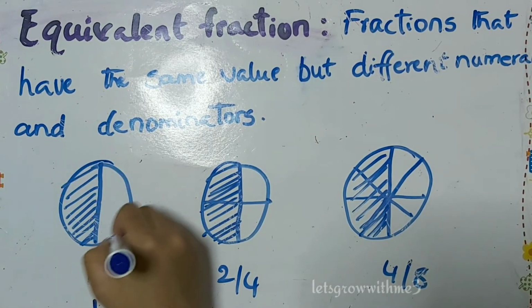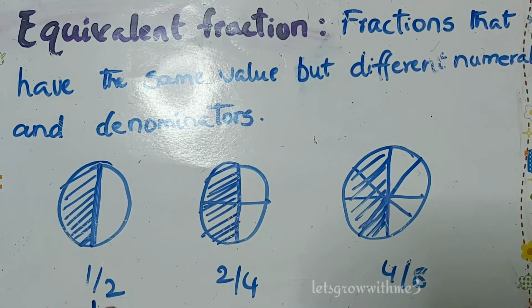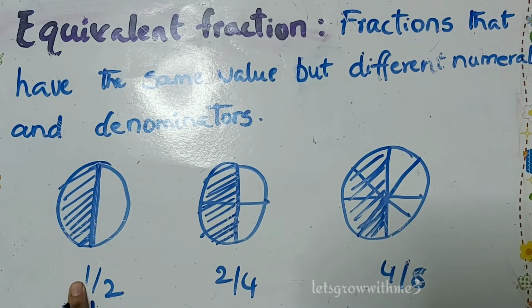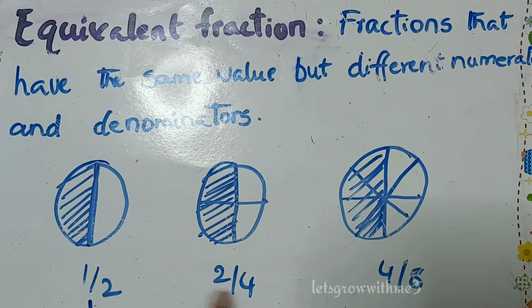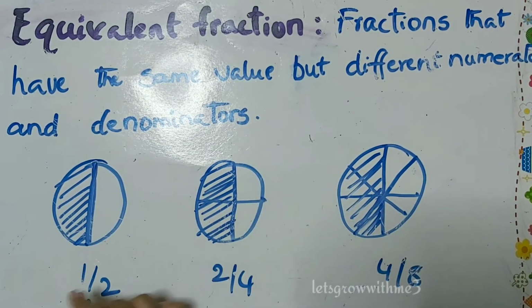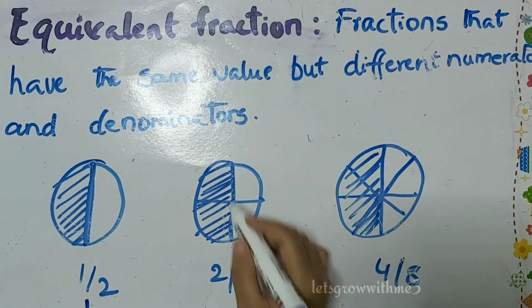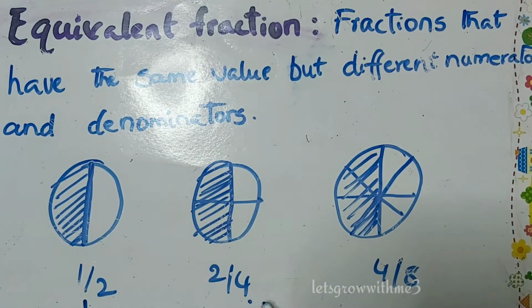See here, we have two parts and one part is shaded, so we will represent that as a half, 1 over 2. The part of the whole is 1, the shaded part is 1, and the total number of parts is 2. Next one: here the shaded part looks the same as our previous diagram, but the total number of parts is different, which is 4.